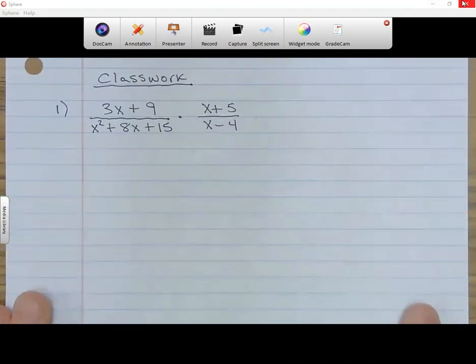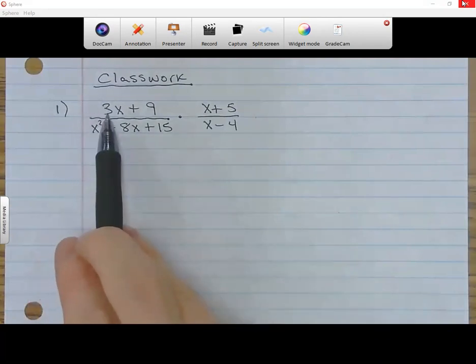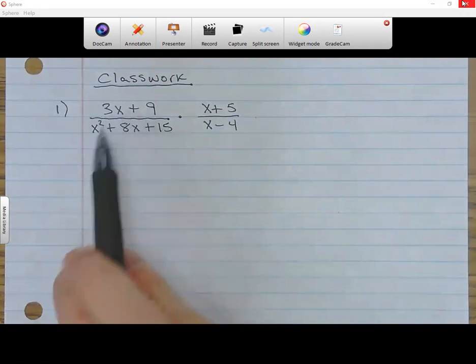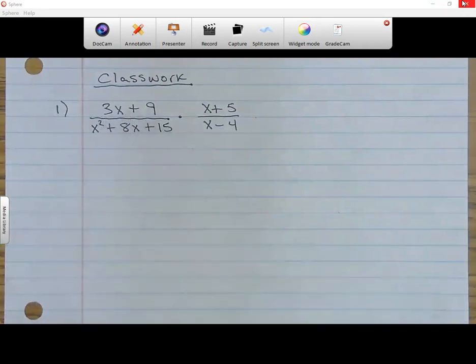Okay, so when we multiply, we don't have to flip anything. We keep everything the same. So I just start factoring the top and the bottom. If I factor the top, what number can I take out from both of these? What number will divide both 3 and 9? It would have to be a 3, right? So I'm going to take out a 3.